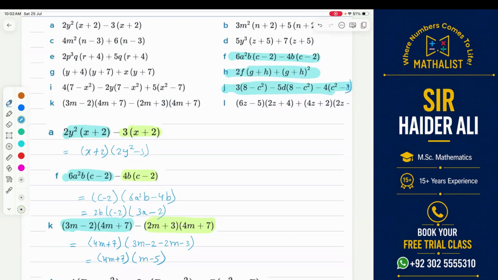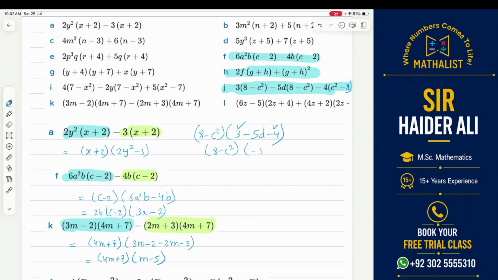Bracket 8 minus c to the power of 2 bracket 7 minus 5d. Why 7? 7 is wrong. If you take 8 minus 3 square common, inside you have 8 minus 5b minus 4. So these two can be solved, but it's not 7.